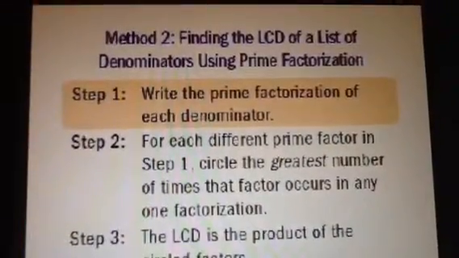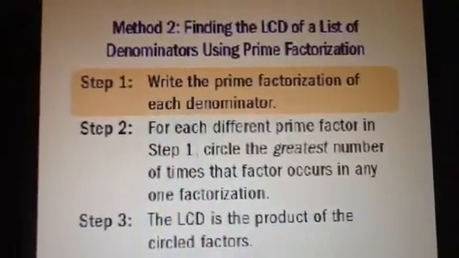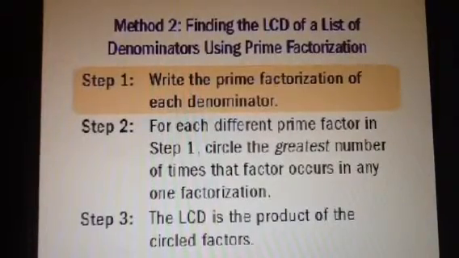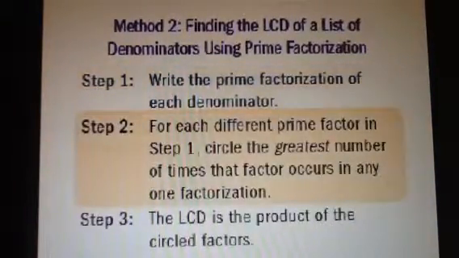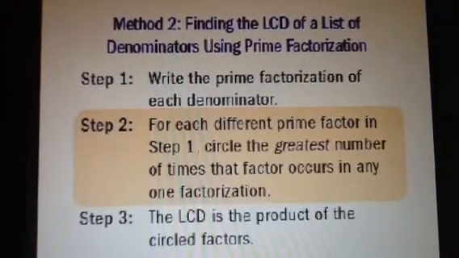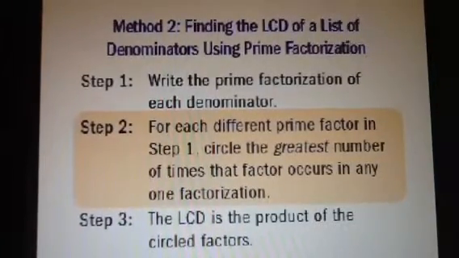This is method 2, finding the LCD of a list of denominators using prime factorization. Step 1, write the prime factorization of each denominator. Step 2, for each different prime factor in step 1, circle the greatest number of times that factor occurs in any one factorization.